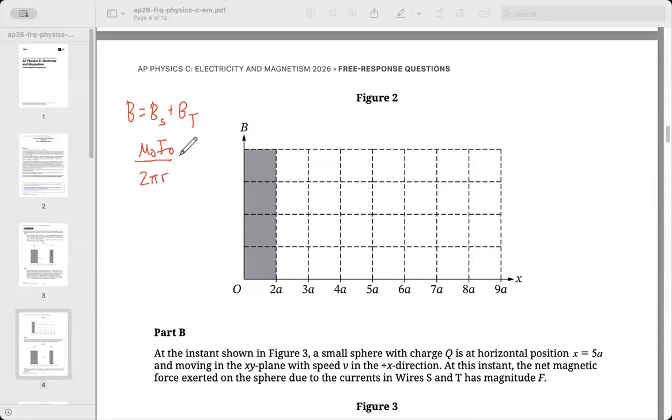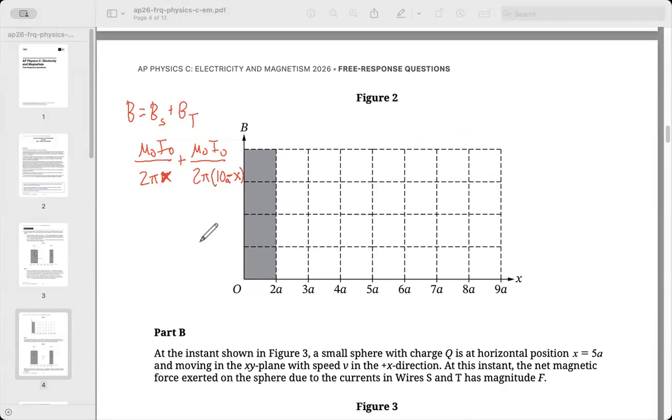I believe it's I0 for the enclosed current because that's the total current of the wire. And then you would have to say plus mu naught I0 over 2 pi. Sorry, I'm going to change this to x, and then this one would be 10a minus x.